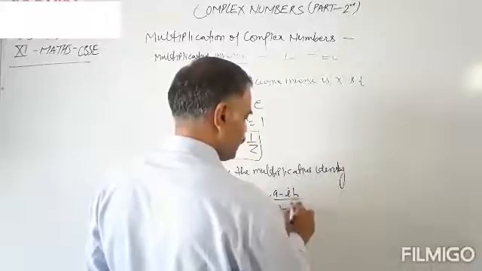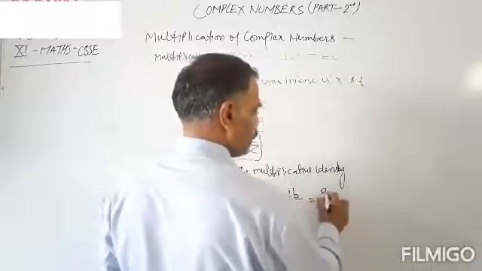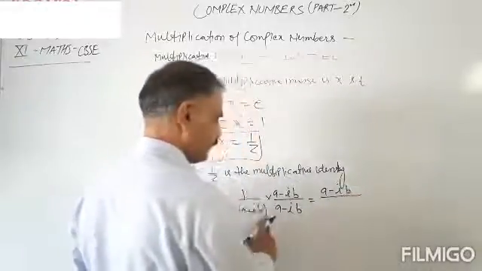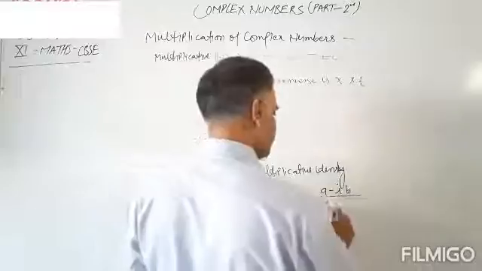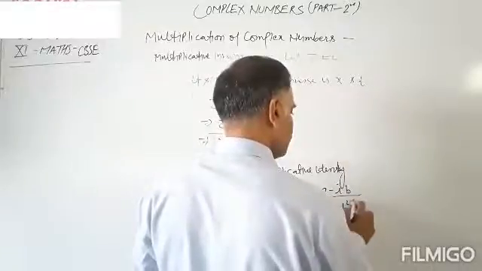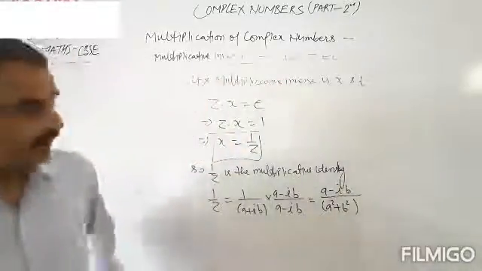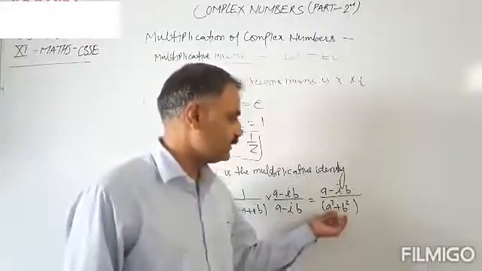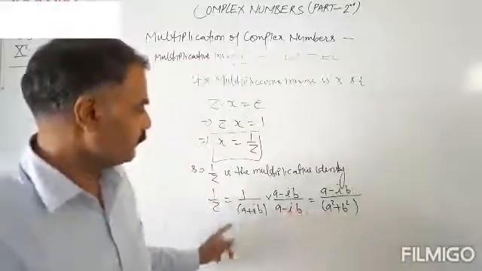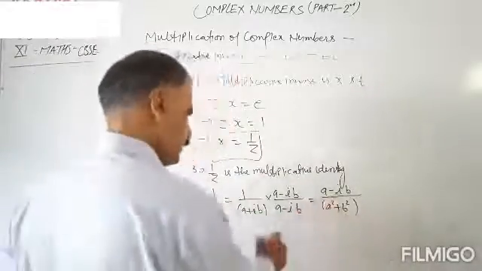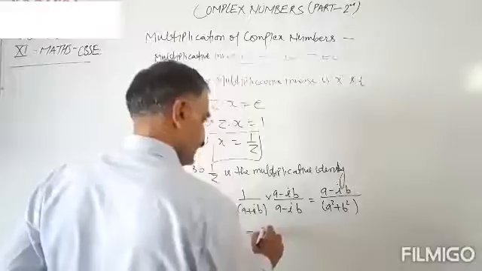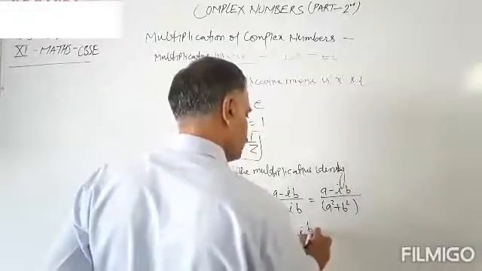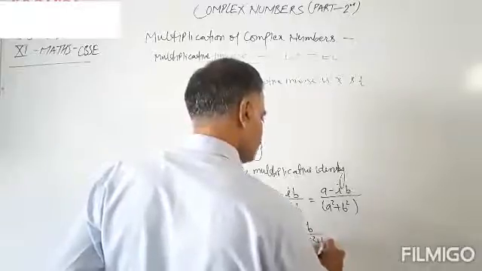So this is equal to A minus iota B upon A plus iota B into A minus iota B. After multiplying A plus iota B and A minus iota B, we will get A square plus B square. So 1 upon Z is equal to A upon A square plus B square minus iota into B upon A square plus B square.